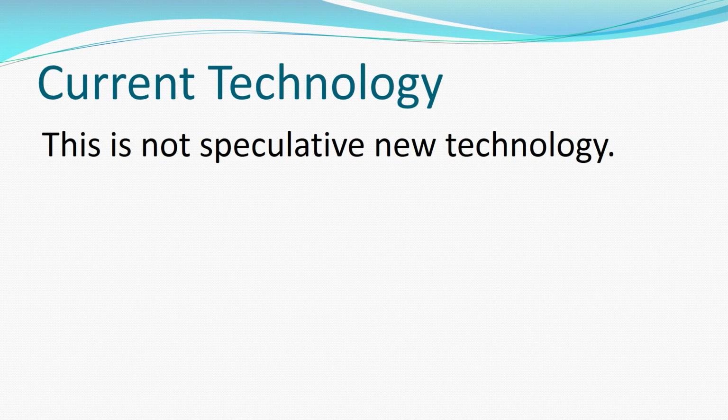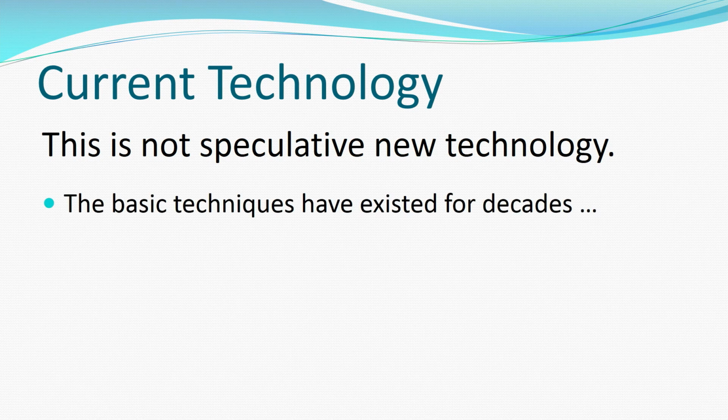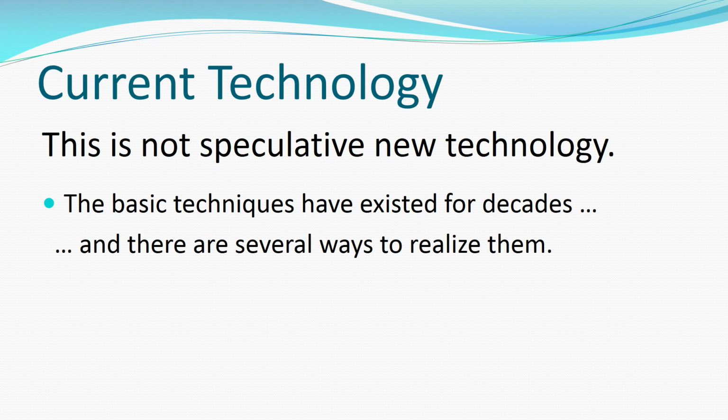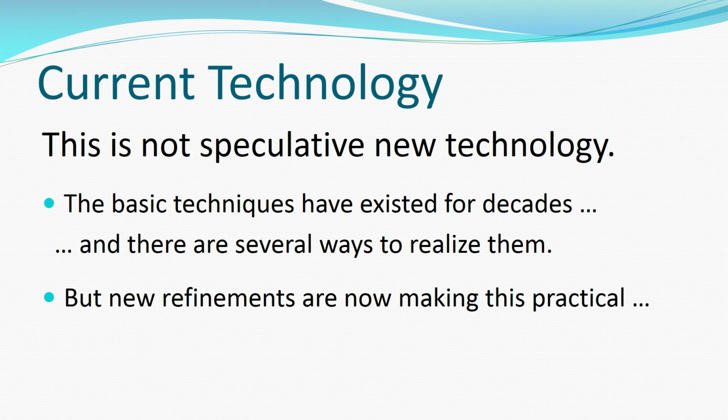This is nothing new. As Paul said at the beginning, 1987, we had the basics of this. Homomorphic encryption for elections, more than 30 years old. They've been around for decades, and there are actually several ways of doing this. I've described one way, but there are a lot of different ways of achieving this technology.